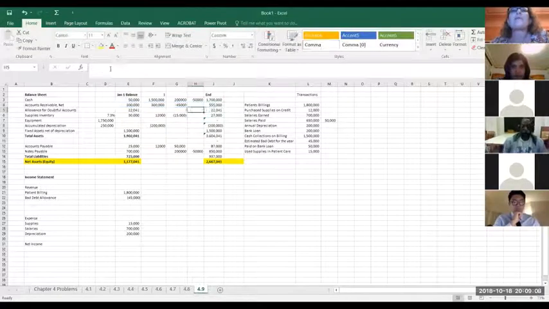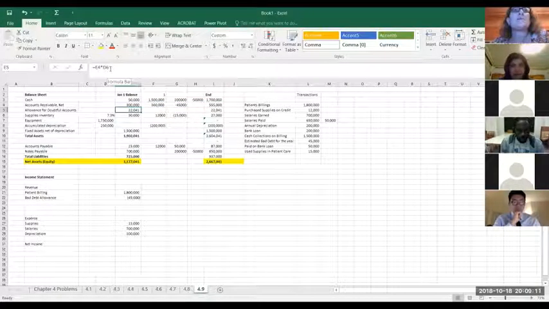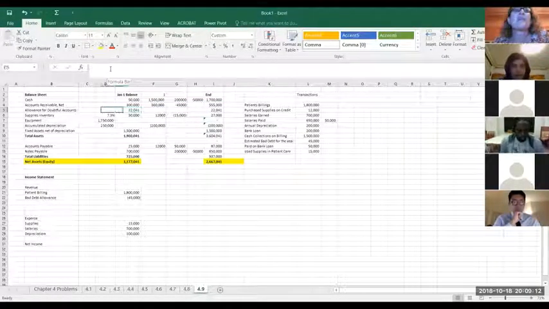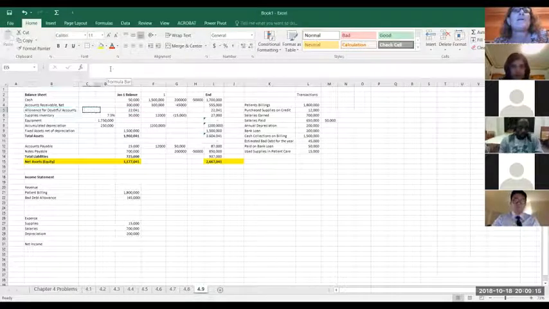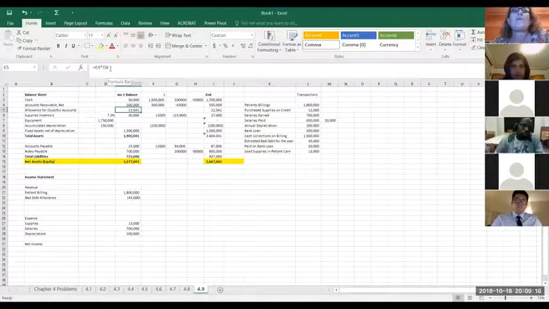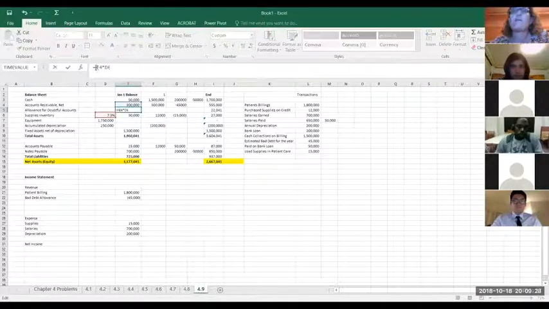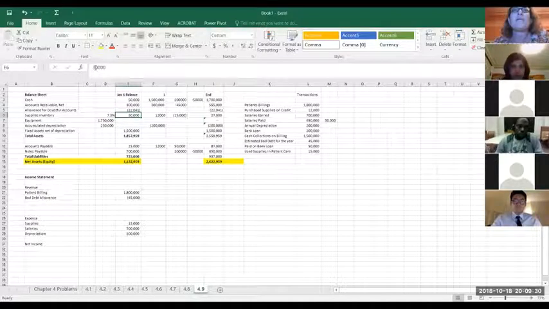Okay. Oh, right. I think this is one that maybe we didn't do. So we have an allowance for doubtful accounts down here. And that one is showing up as a positive. You see that? And actually, if it's an allowance, it has to be a negative, right? So I'm going to change that sign just so that we can keep things straight here. That's a negative.